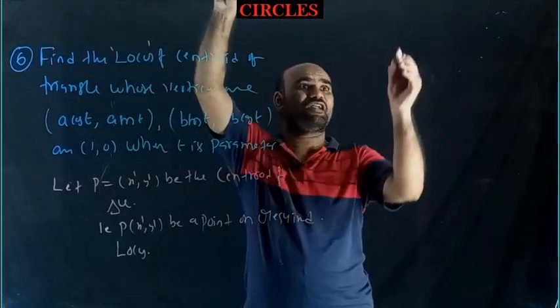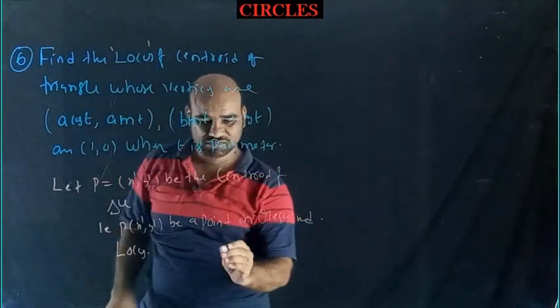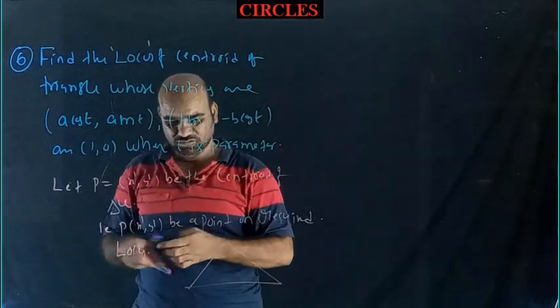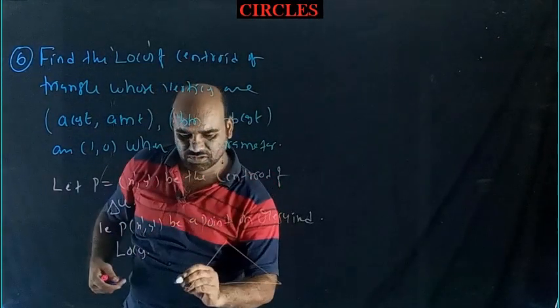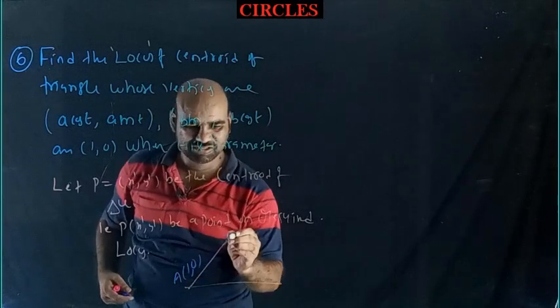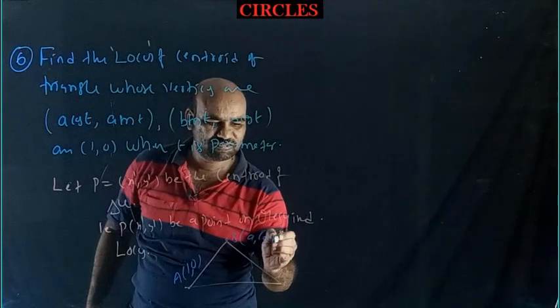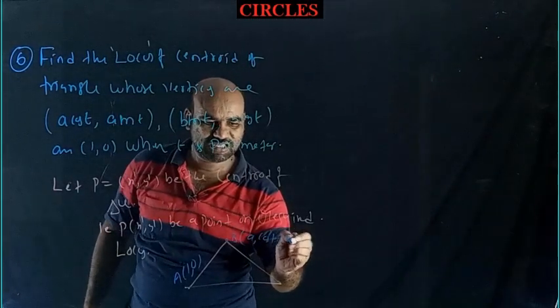Now I want to draw the diagram for this here only. A is (1, 0), fixed; B is changing. What is that? (a cos t, a sin t).